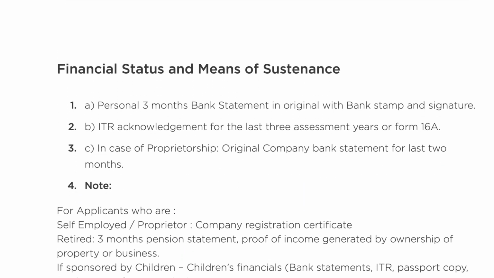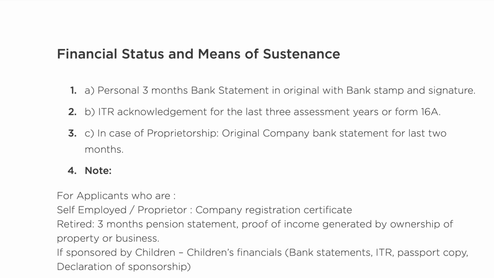And financial status. You should prove that you are financially strong enough to support your trip. For that, you could submit 3 months of bank statements and your income tax return statements for the last 3 years. Make sure your bank statements are original with bank stamp and signature.